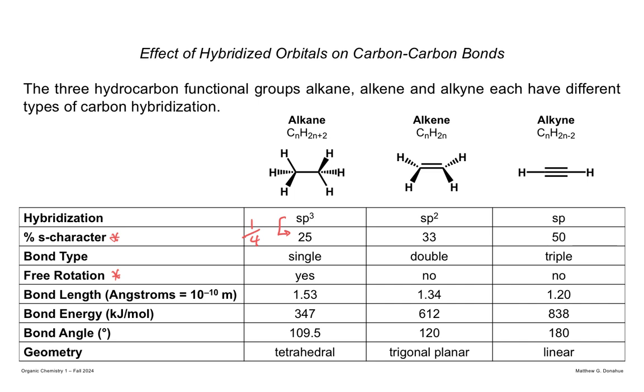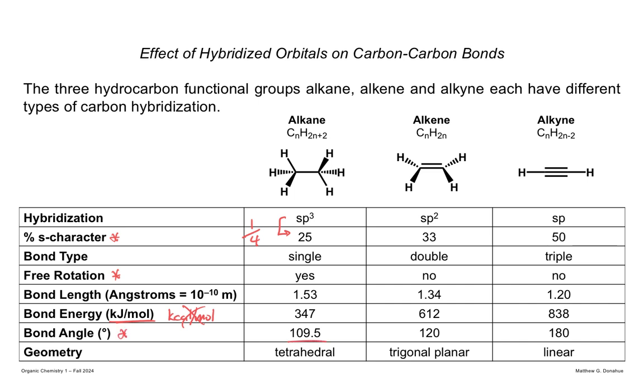The energy in kilojoules per mole, so we will not be using kcals per mole in this class. We use kilojoules per mole to do some basic arithmetic. You can see that it's increasing from sigma to double to triple because you increase electron density between the two elements. Bond angles are ones that you'll want to commit to memory.